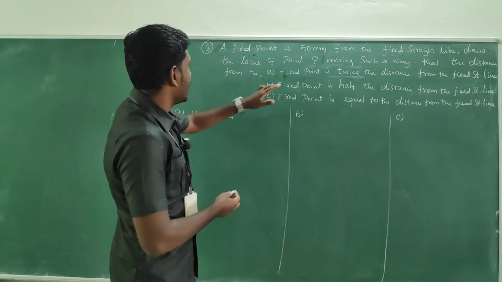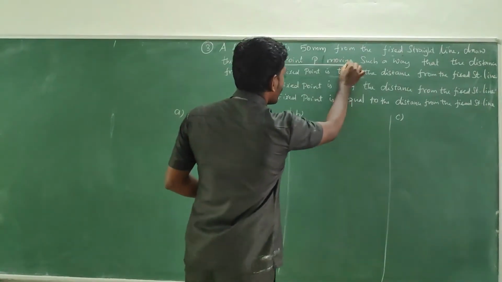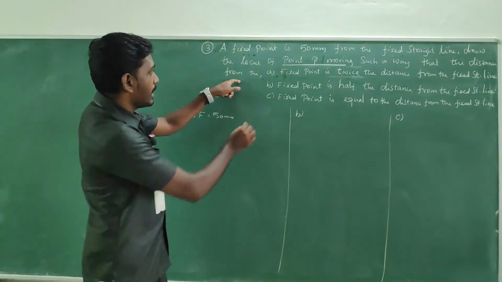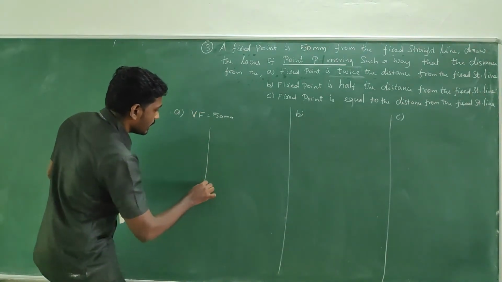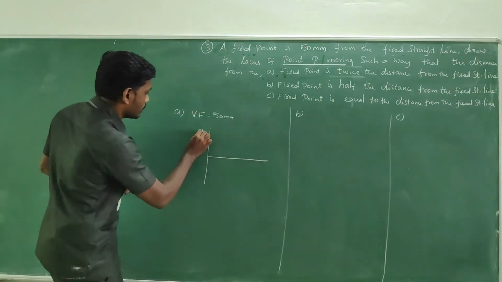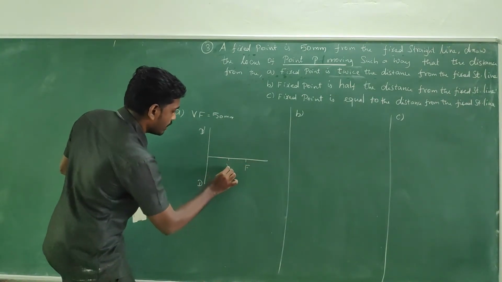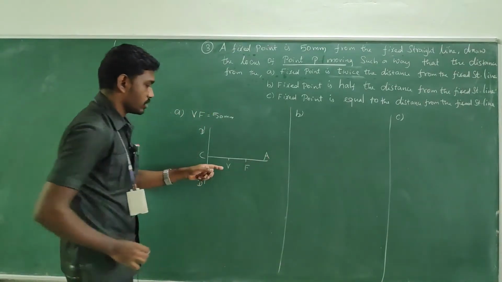So read it carefully. Draw the locus of a point P moving in such a way that the distance from the fixed point. For this we can draw the terminology diagram first: d dash d, and here the focus, and in between the C and F we have the vertex, so this is the axis, right?